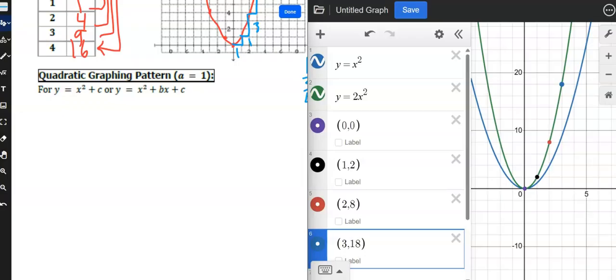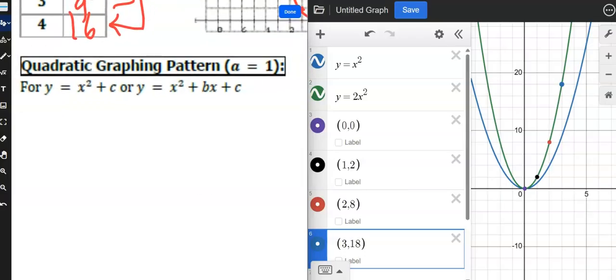And I think that's what they were getting at down here. Now, if the B value, I notice right here, there's no B value. That means that the B value is 0. So, no left or right movement.